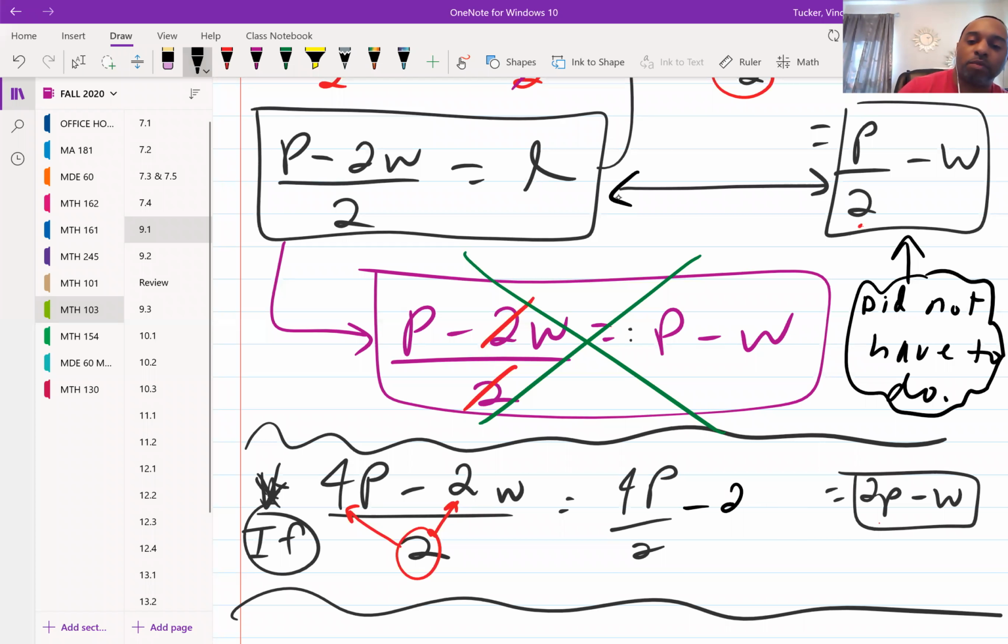If we look at the last one, the 2 had nothing to divide into when we were looking at that P. So you could leave it there with no problem, and that was a good enough answer. But I have a 4 here and a 2 here that 2 can divide into, so you are expected to reduce further. 4P over 2, and then 2W over 2 will reduce to 2P minus W, and that would be your most simplified answer. So if the number in the denominator can divide into each term in your numerator evenly, you are expected to reduce.